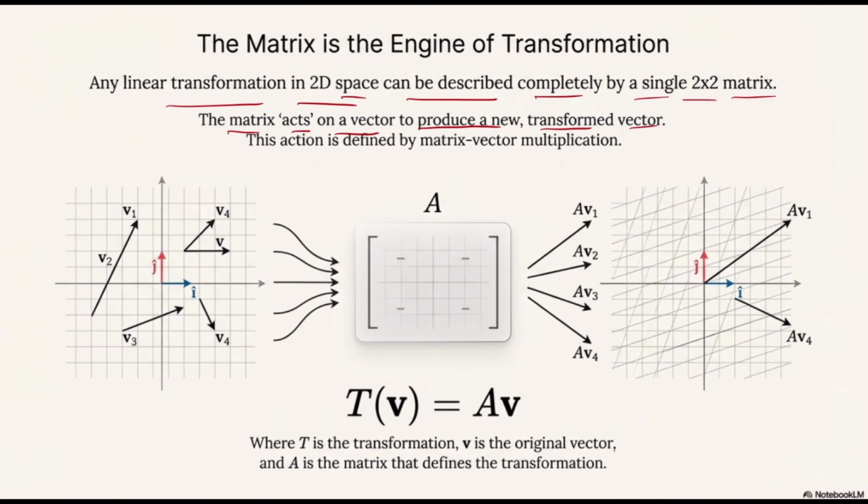As we just talked about, the matrix is going to work on a specific vector. Right now, the vector is just like the input of your function. If you remember, y equals f of x. F was acting as a function. It was a machine that gets x as input and gives you y. So the matrix acts on a vector to produce a new transformed vector, and this action is defined by matrix-vector multiplication.